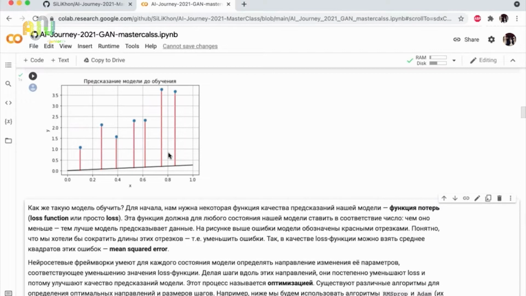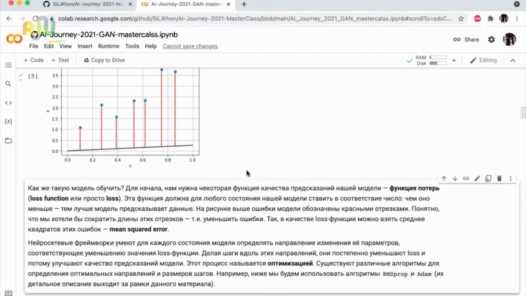We take all these deviations, square them, and then average them. When we minimize this, we minimize all these deviations together. If we can minimize it, then we will see the interdependence, the correlation, with minimal error.